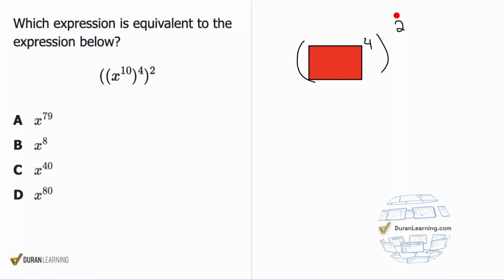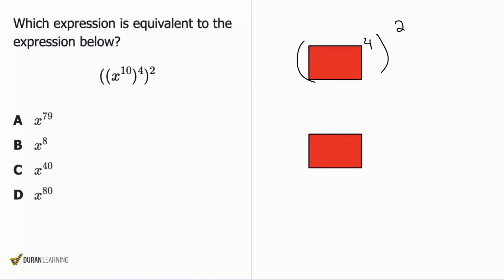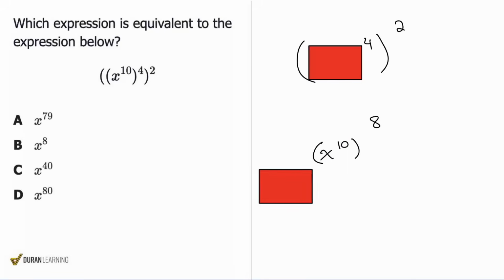Perfect. So if we just focus on the outside pieces, yeah, we have this term here to the power of 4, all to the power of 2, and we know that taking a power to a power, we multiply those exponents. And so what we have is going to be this. Allow me to grab everything on the inside, bring it down over here, and the new exponent is going to be 8. And so with that, allow me to just take that away now.